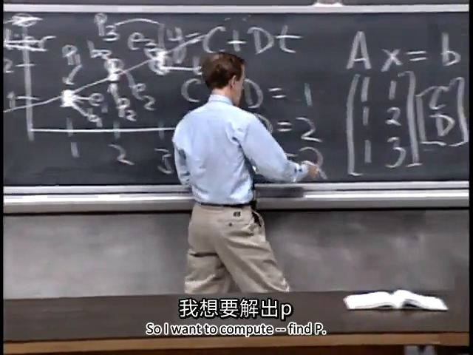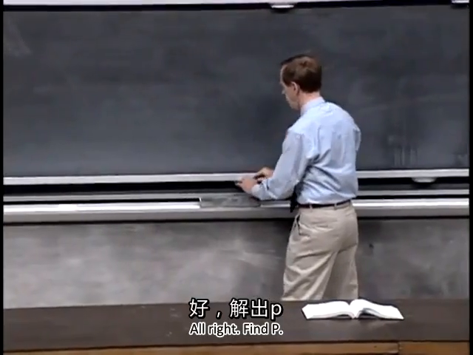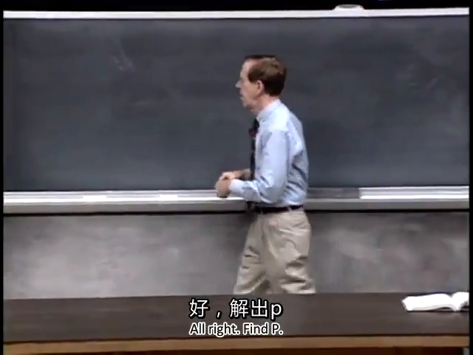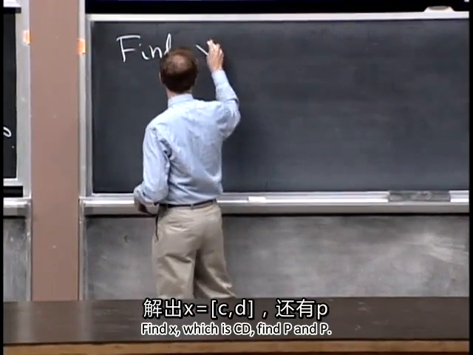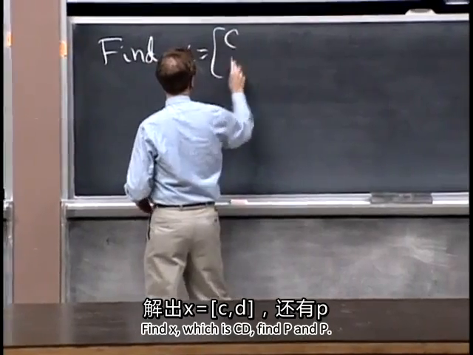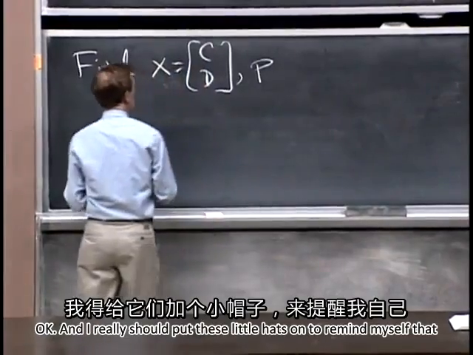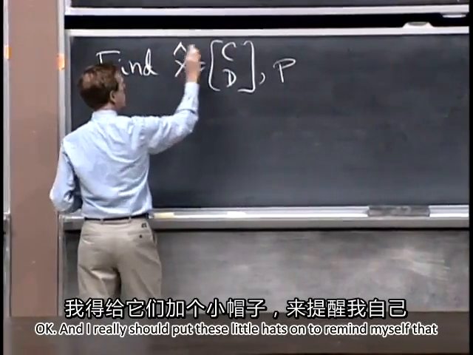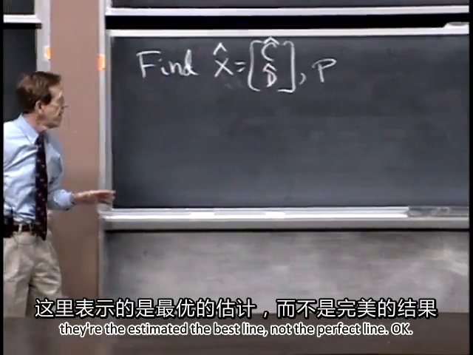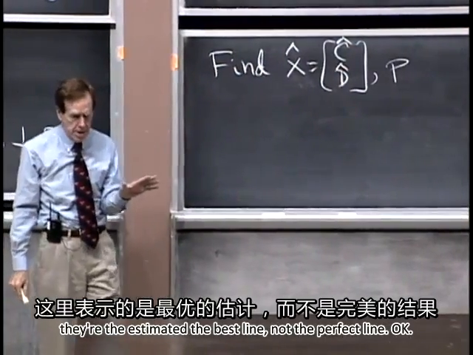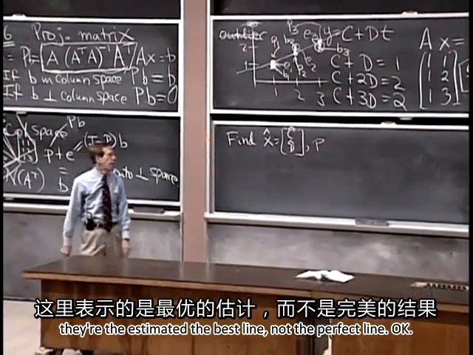So I want to find P. Find X, which is C, D. Find X hat and P. I really should put these little hats on to remind myself that they're the estimated, the best line, not the perfect line.